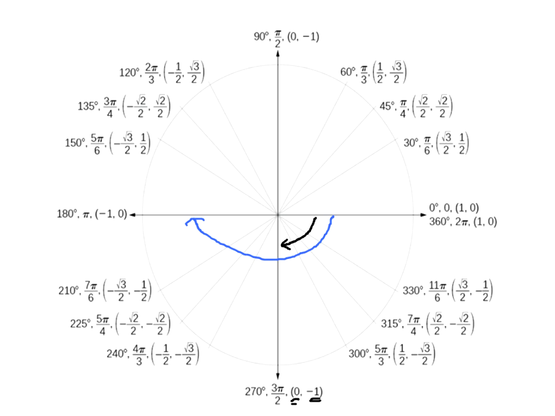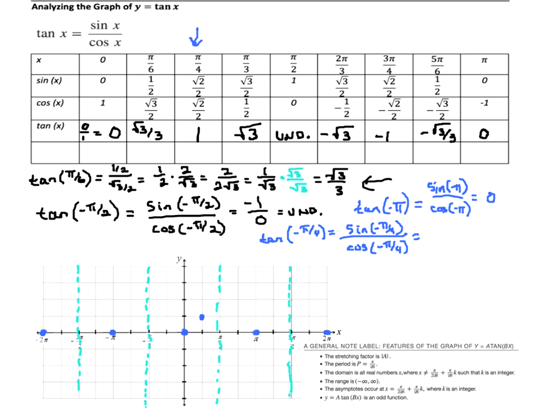Okay, so the sine and the cosine of negative pi over 4 takes us to 7 pi over 4. So I have negative square root 2 over 2 divided by square root 2 over 2, which just gives us negative 1. So this is negative 1 right here. So at negative pi over 4, I have negative 1.